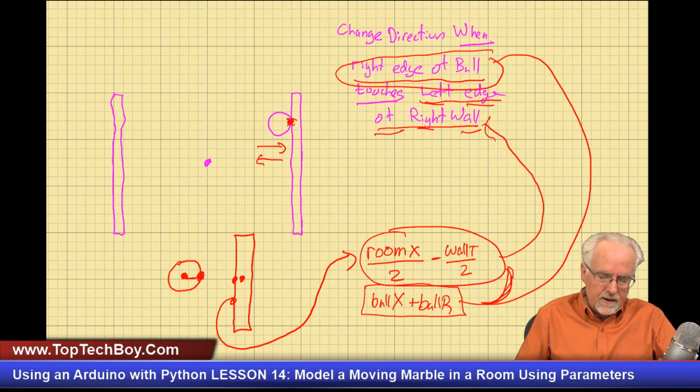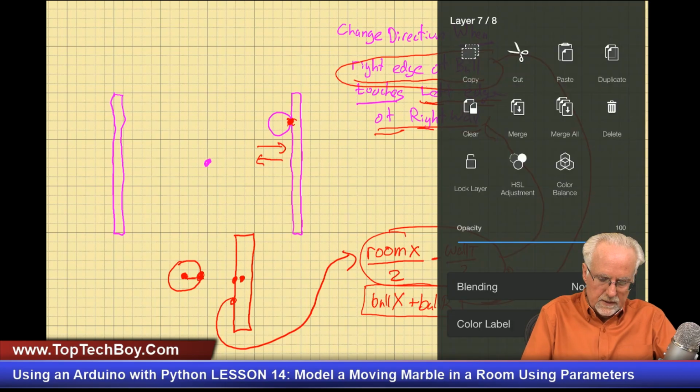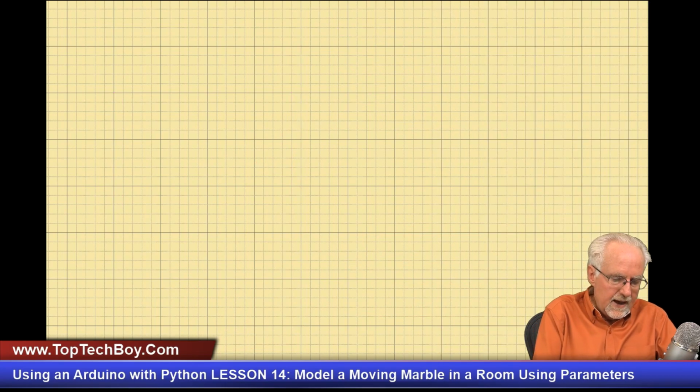Okay, now let me do one more here for you, and then we'll jump in and start coding. But I really want you to understand these things, so I am going to go ahead and clear this. Now we've got to think about the other case that we care about.